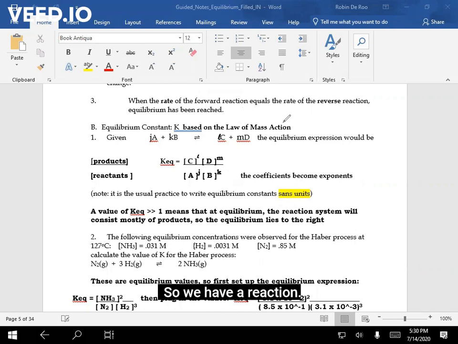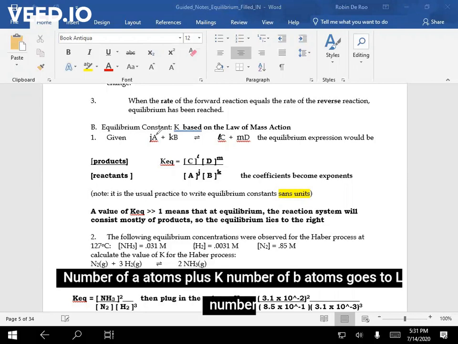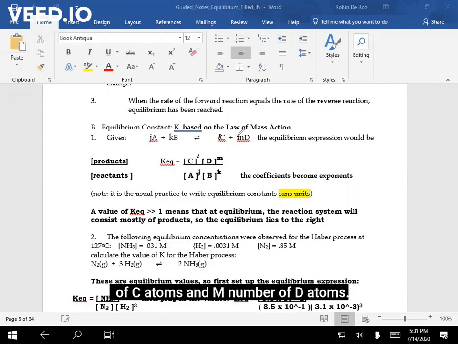So we have a reaction where we have j number of A atoms plus k number of B atoms goes to l number of C atoms and m number of D atoms.